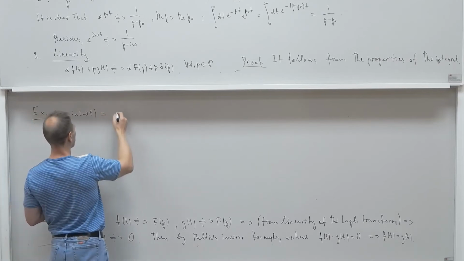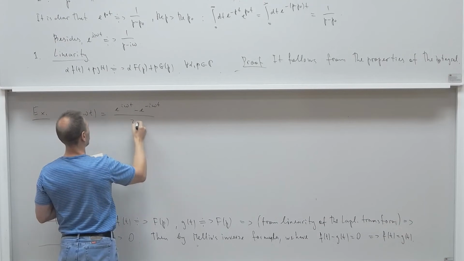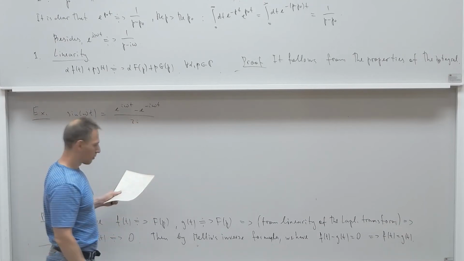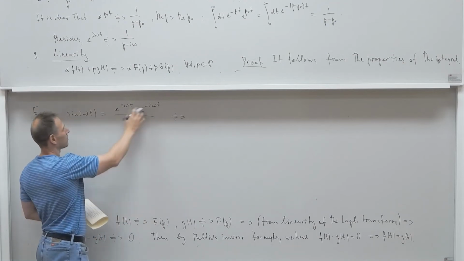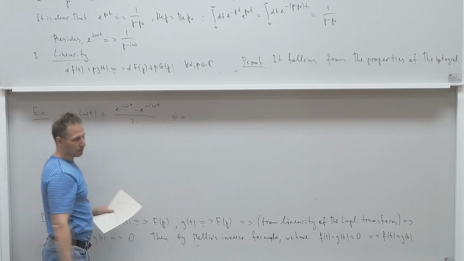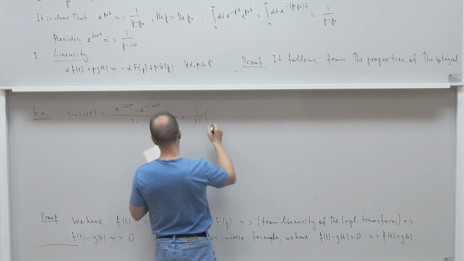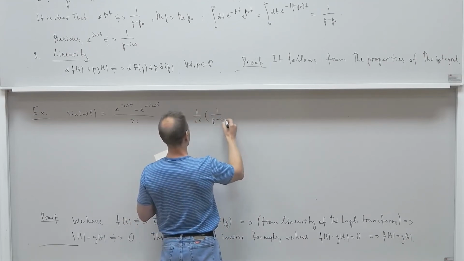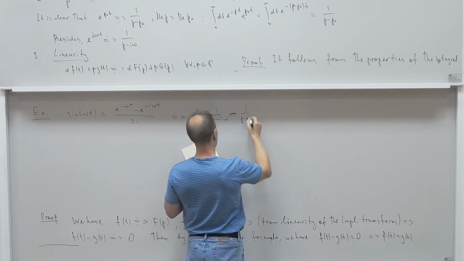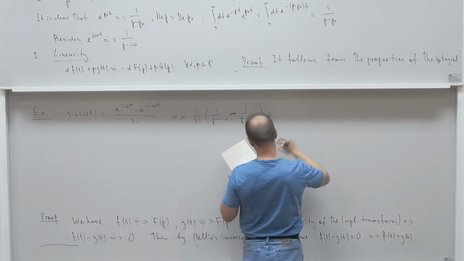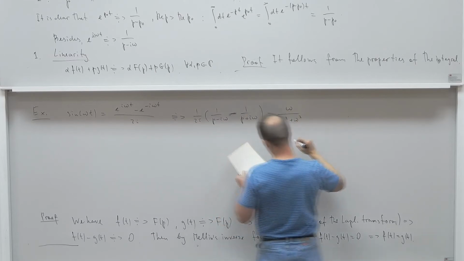Of course, it is written using the Euler formula in such a form. And then we know the Laplace transform of these two exponents, and using linearity of the Laplace transform, we conclude that it is equal to such an expression, which is simplified to this formula.